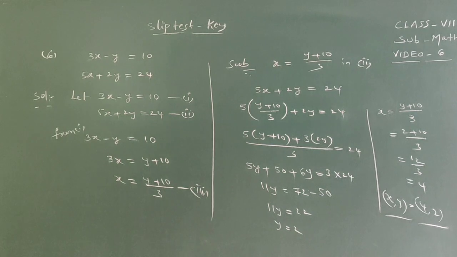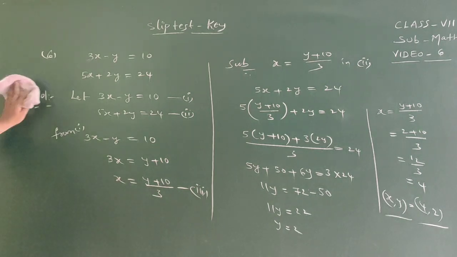After getting the value of y, we need to substitute in the third equation for getting x. x equal to (y plus 10) by 3 means (2 plus 10) by 3, 12 by 3 means 4. So the solution is 4 comma 2. Next.